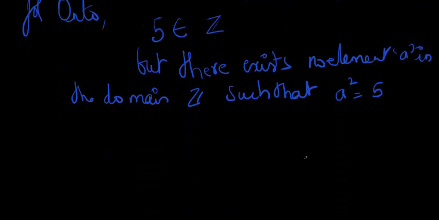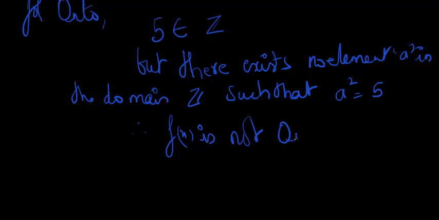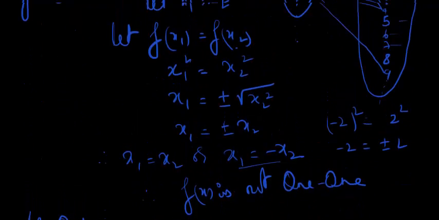Correct? Therefore, f of x is not onto. Okay, so I have gone ahead and proved that this particular function is neither 1-1 nor an onto function.